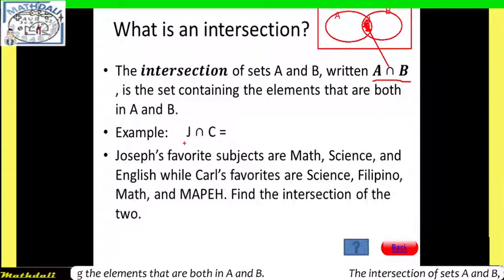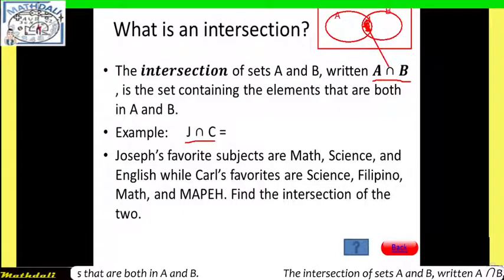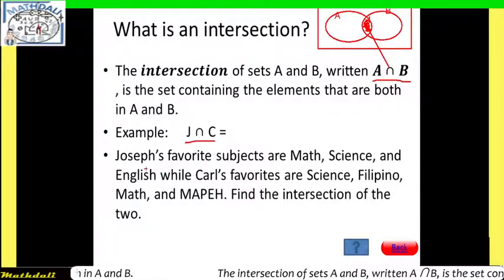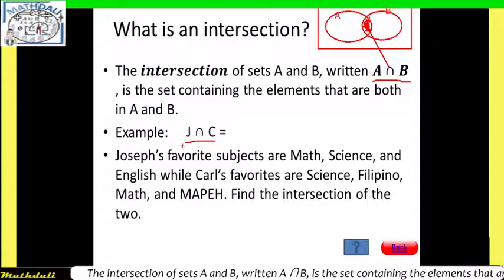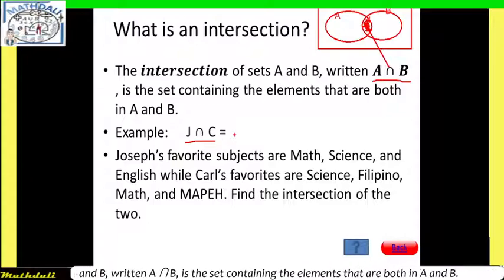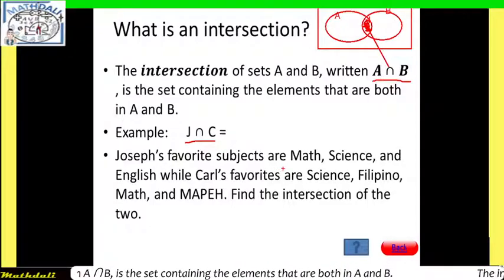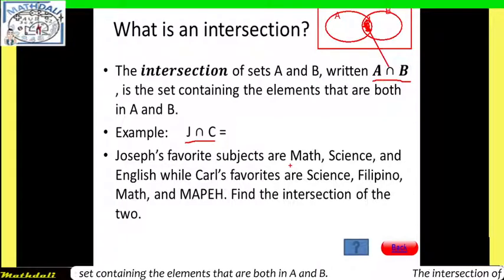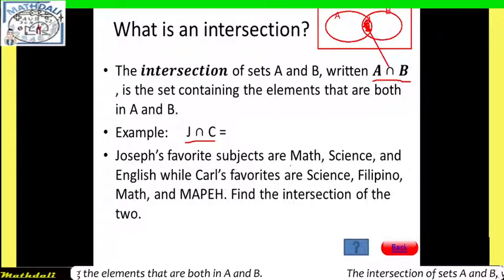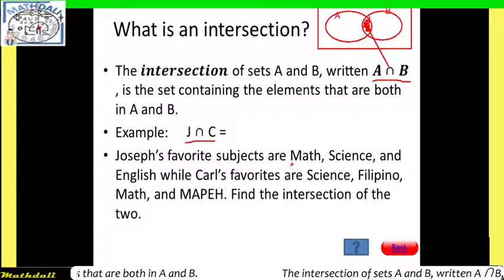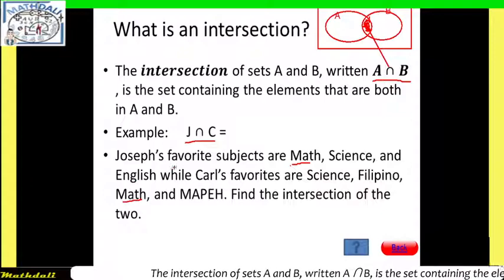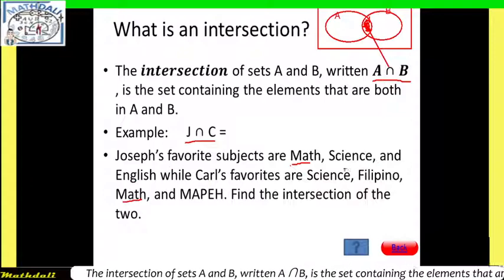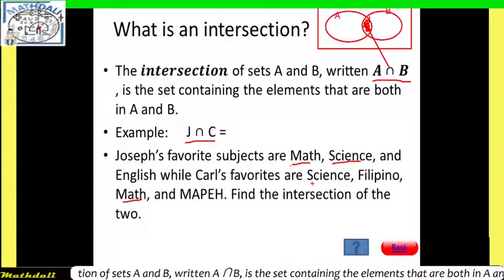Okay, so going back to the problem, we're going to look for the intersection of the favorite subjects of Joseph and Carl. Ano ang favorite subject ni Joseph na favorite subject din ni Carl? Makikita natin dito, ang math ay parehong favorite subject ni Joseph at ni Carl, and even the science.